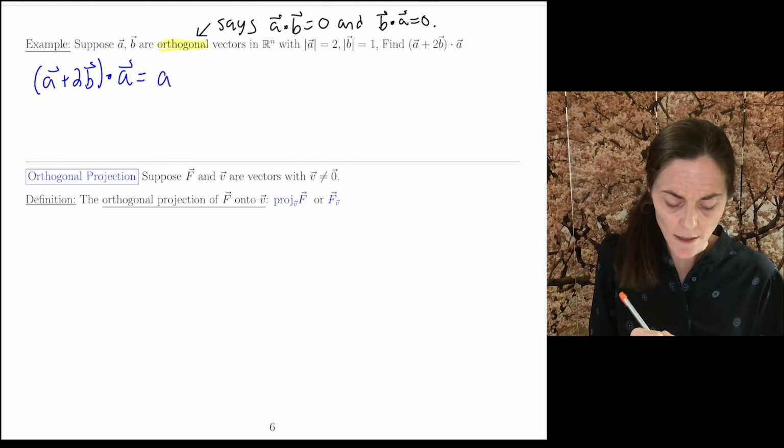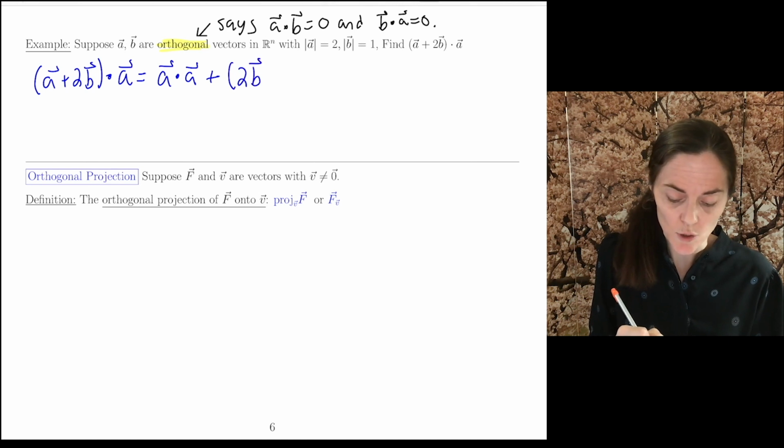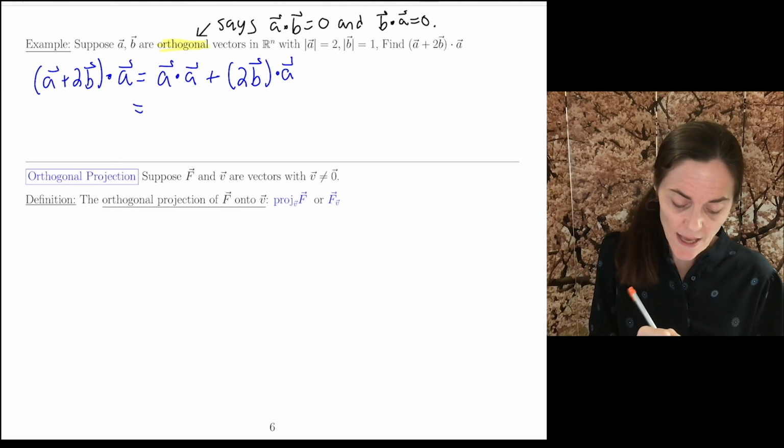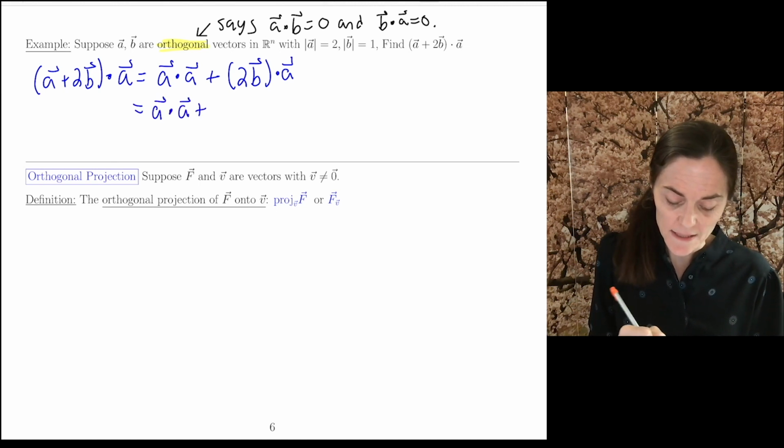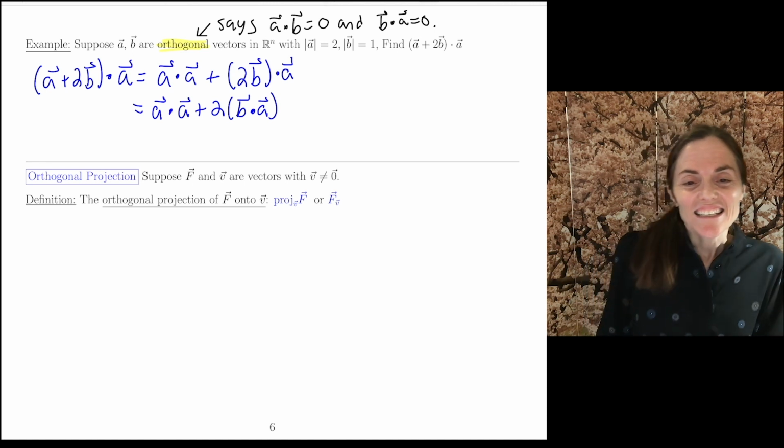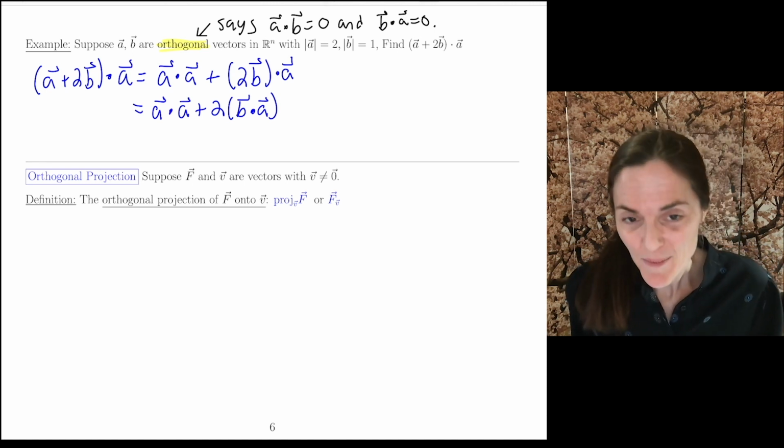Well, this would be A dot A plus, for the moment, 2B dot A, right? I can write this as A dot A plus 2B dot A, okay? I'm using the properties here.